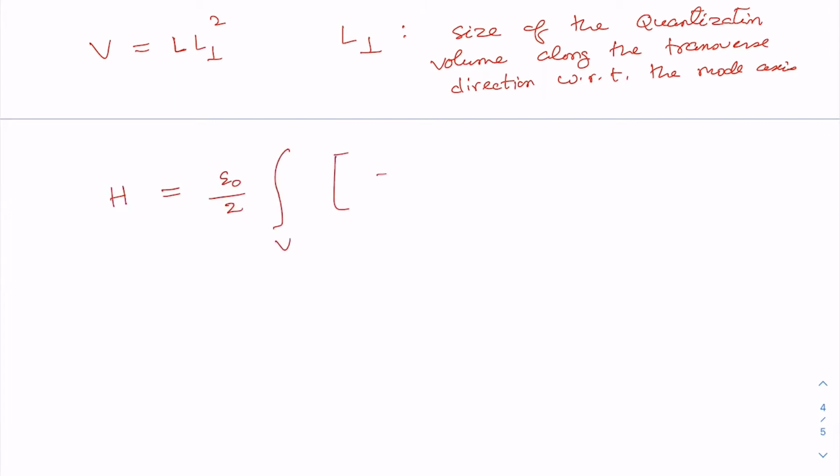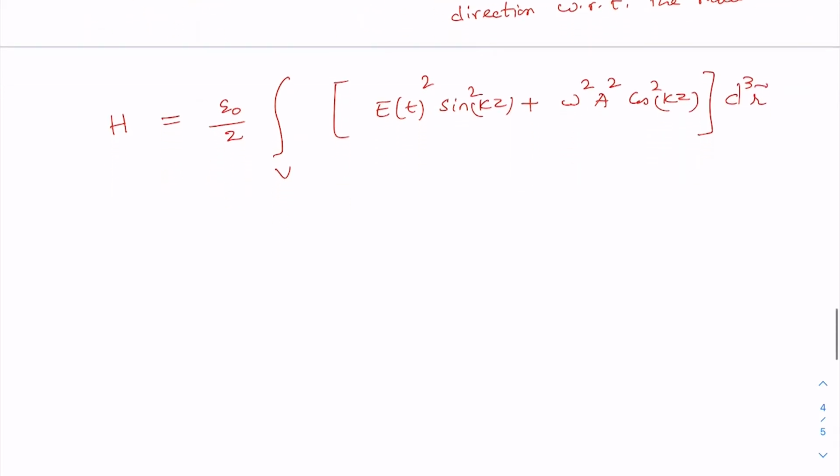We have E of t squared sine squared kz plus omega squared a squared cos squared kz, and the volume d^3r. You can easily work it out in the same way.